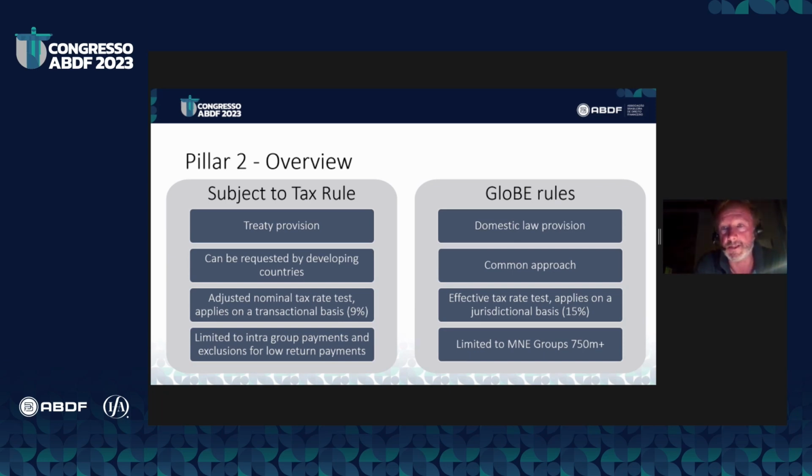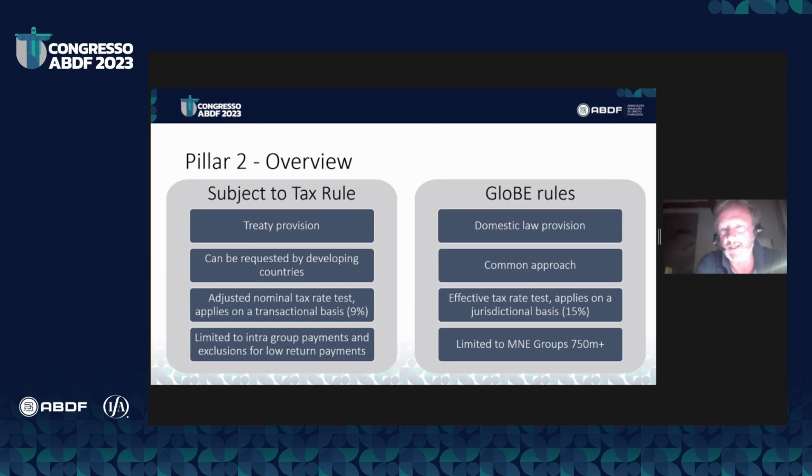It's a treaty provision, a change to an existing bilateral tax treaty that can be requested by any developing country. And if it is requested, then the IF is committed that this provision will be introduced in circumstances where the provisions could potentially apply.